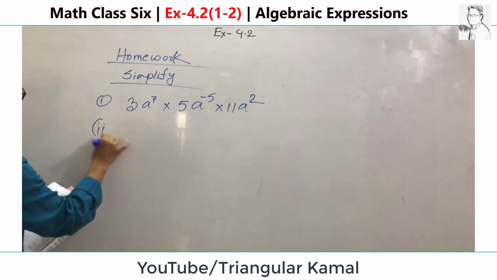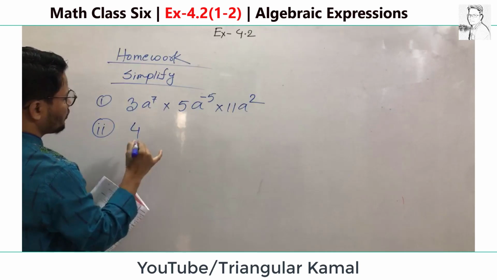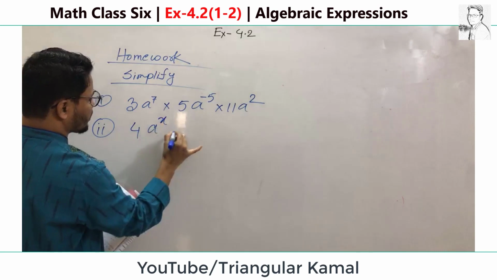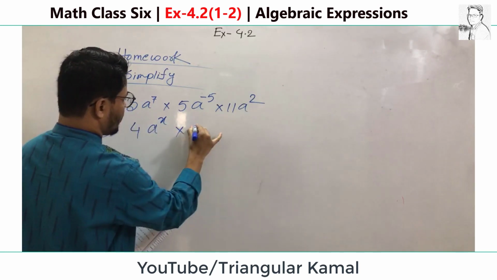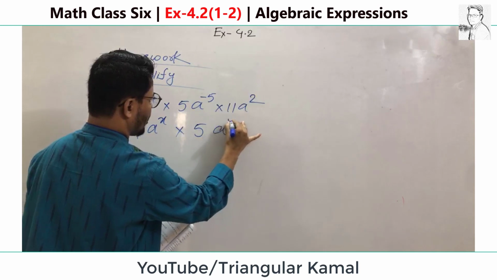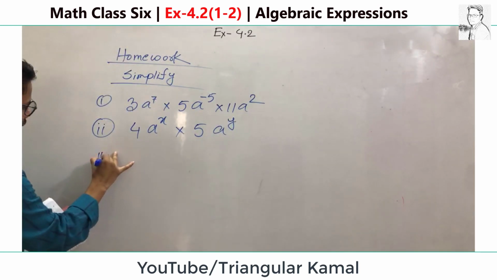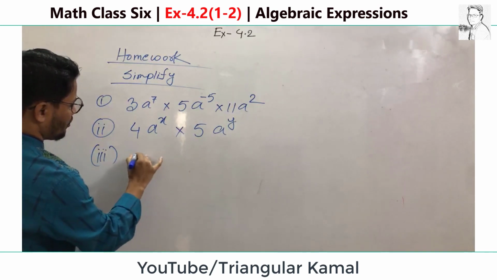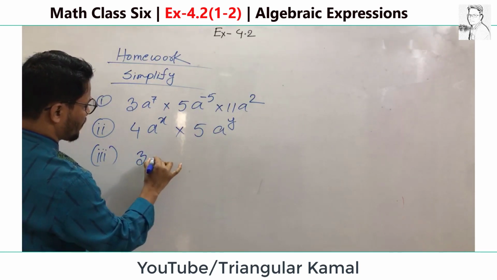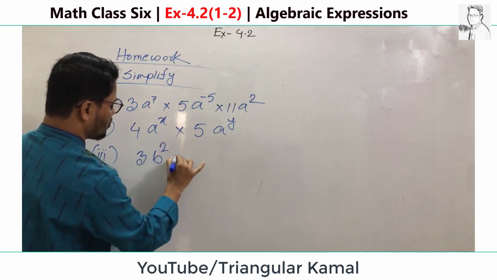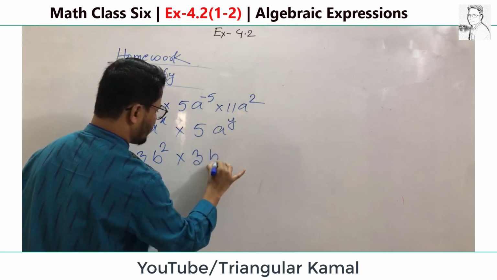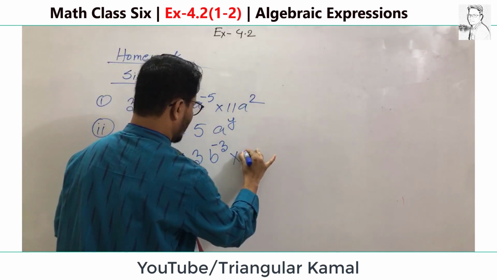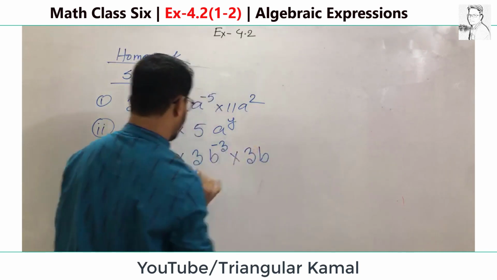The second question is 4a to the power x multiplied with 5a to the power y. Number 3 question: 3b to the power 2 multiplied with 3b to the power minus 3 and multiplied with 3b.